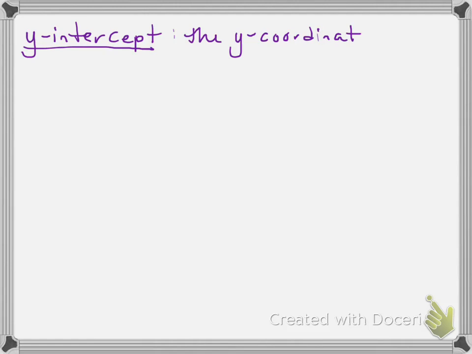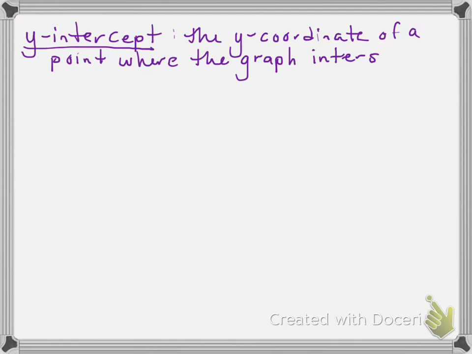So, a y-intercept is the y-coordinate of a point where the graph intersects the y-axis.